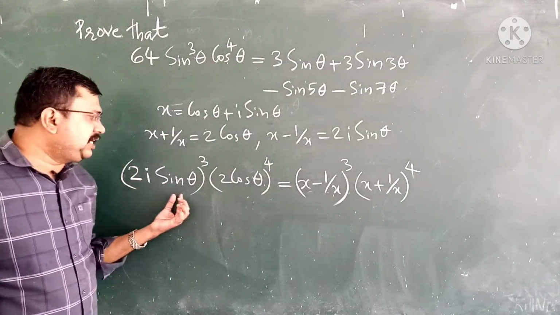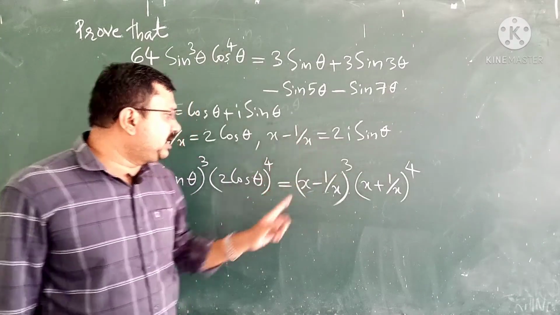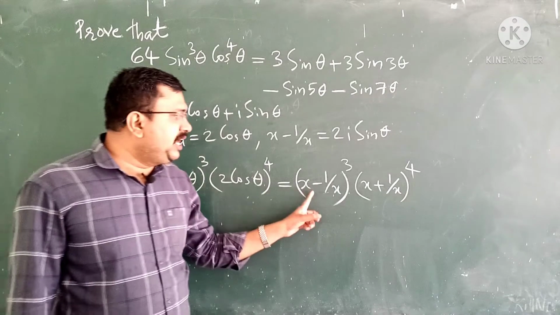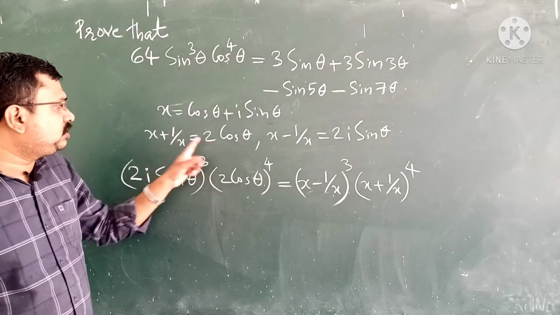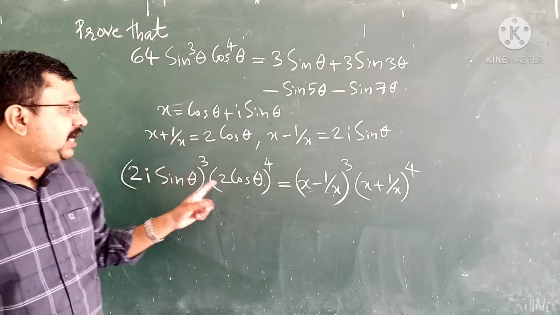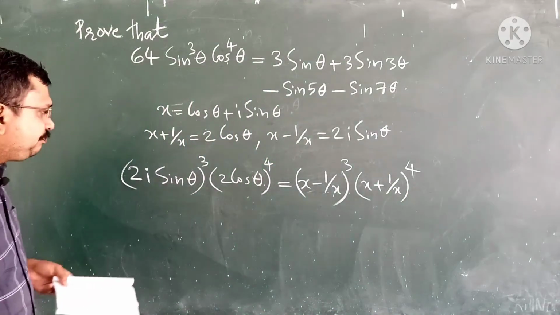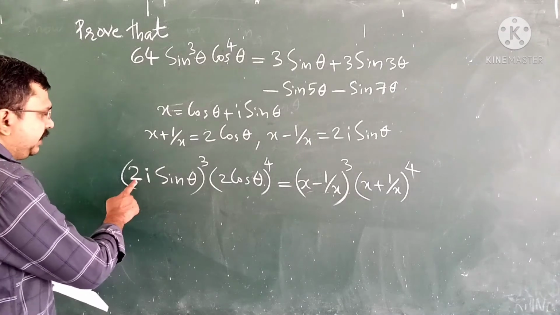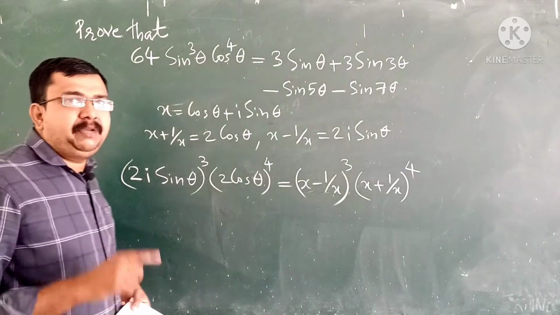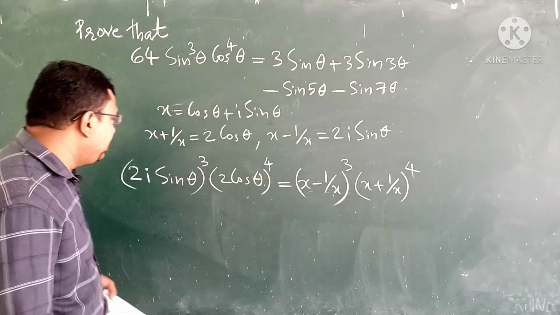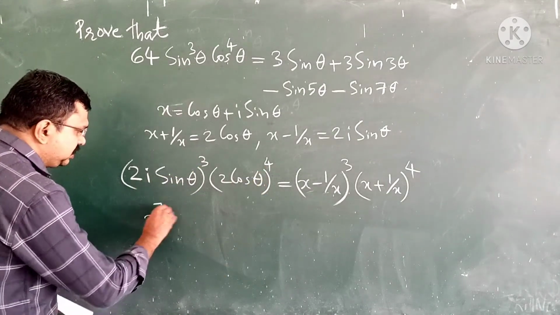We know that 2i sin theta is x minus 1 by x, the whole cube, and 2 cos theta is x plus 1 by x, the whole raised to 4. Now, here is 2 cube, here is 2 raised to 4. Therefore, a raised to m into a raised to n is a raised to m plus n. Therefore, 2 cube into 2 raised to 4 is 2 raised to 7.